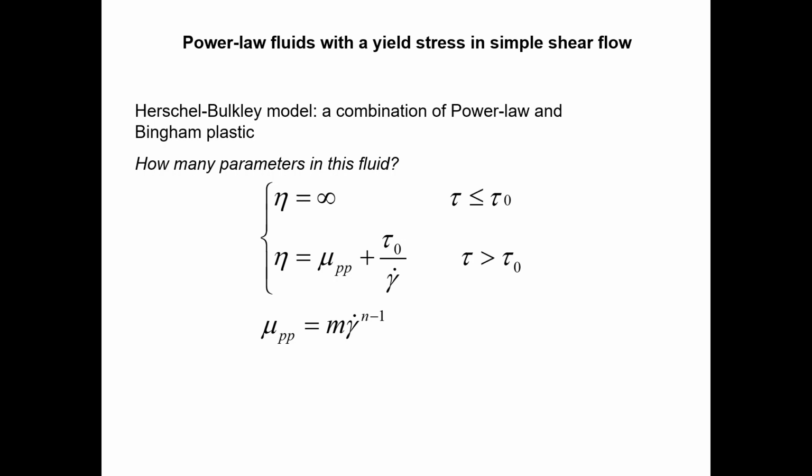Also, in the case where my shear stresses are larger than the yield stress, I'm putting absolute values here. For now, don't worry about the sign of the shear stress. That is something that is specific to the coordinate system you pick.